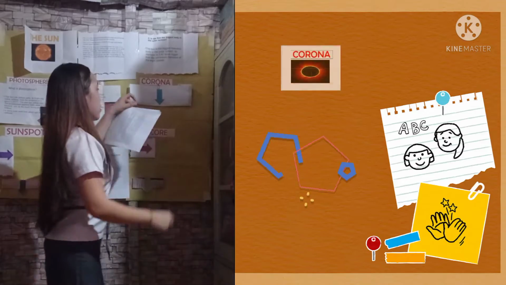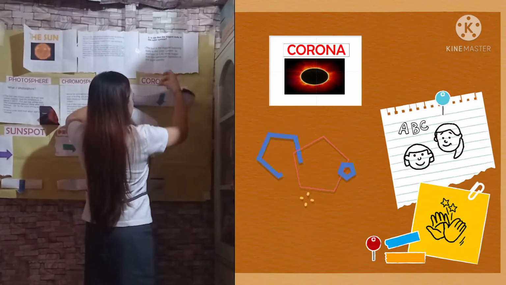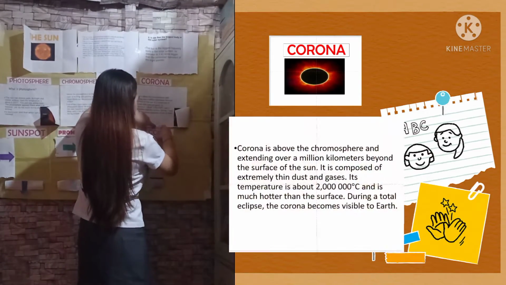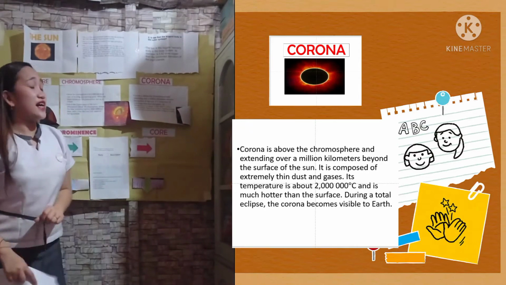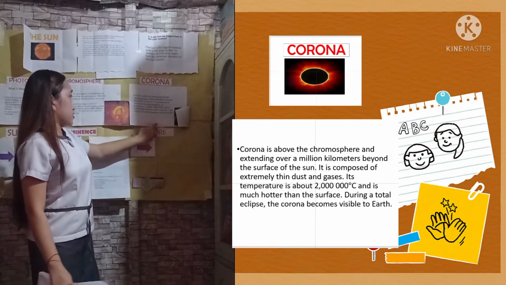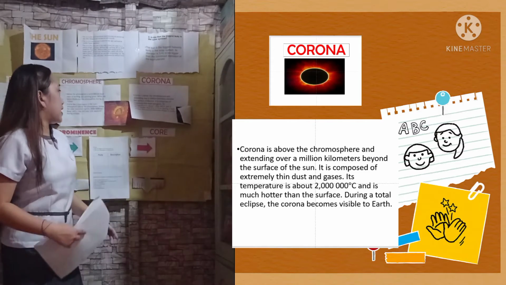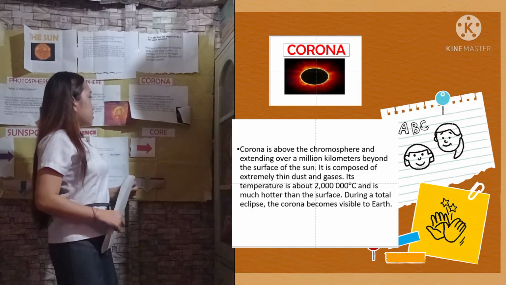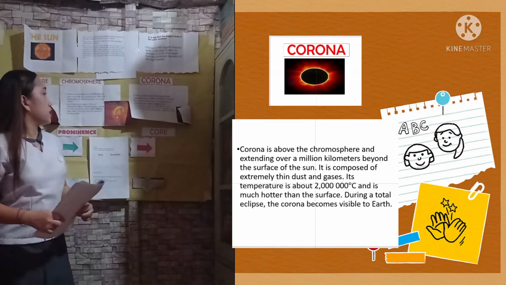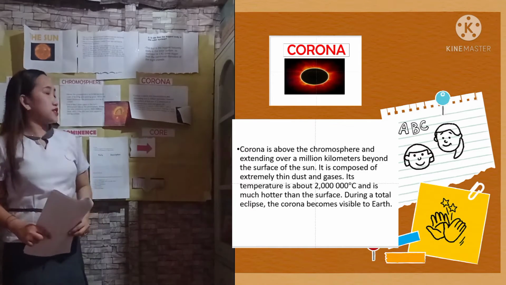How about the corona? This is the meaning of corona. The corona is above the chromosphere and extends over a million kilometers beyond the surface of the sun. It is composed of extremely thin dust and gases.